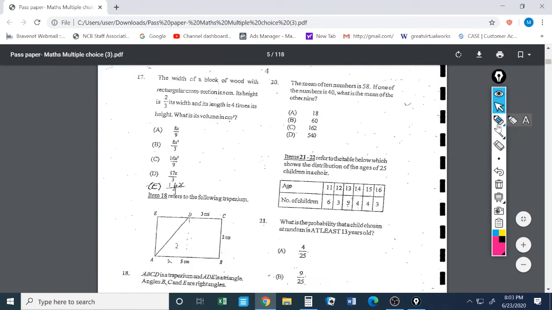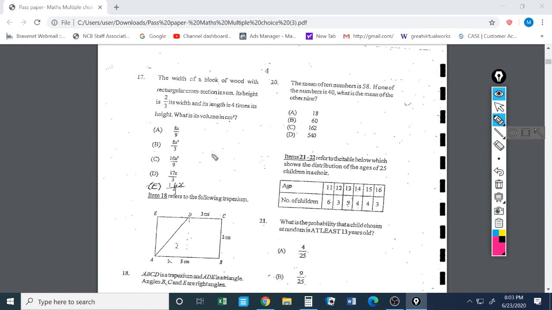So let's go to number 17 here. First thing, I'm just going to remind you of something. For a rectangular block, the volume is equal to the length times the width times the height. It says here the width of a block of wood with rectangular cross section is x centimeters, its height is 2/3 its width, and its length is 4 times its height.